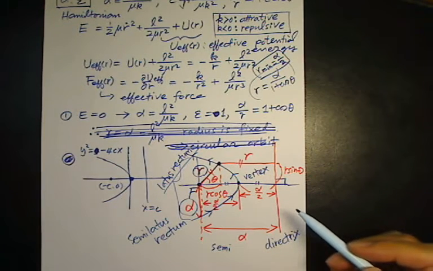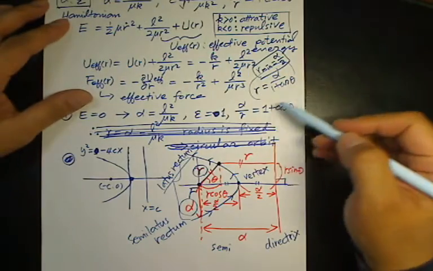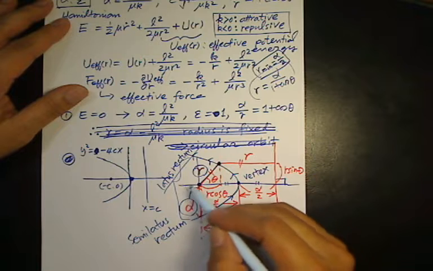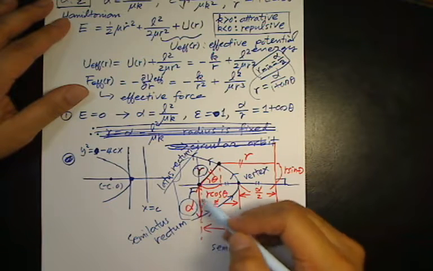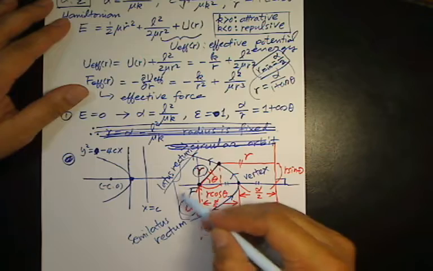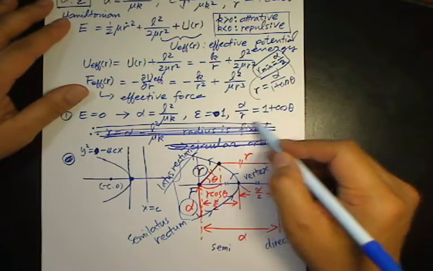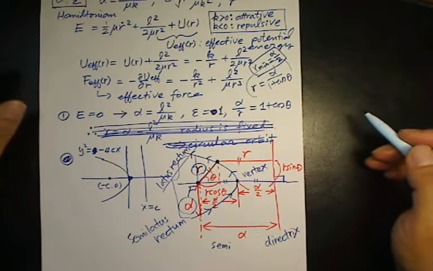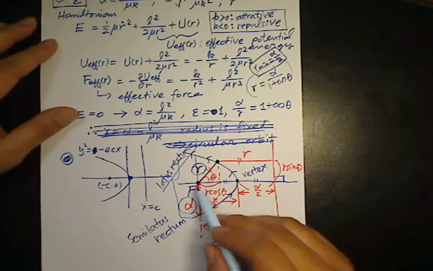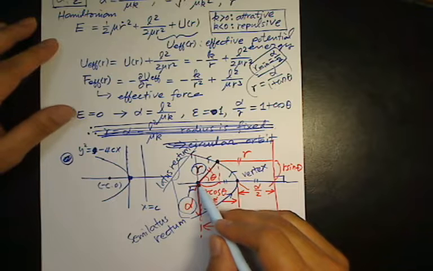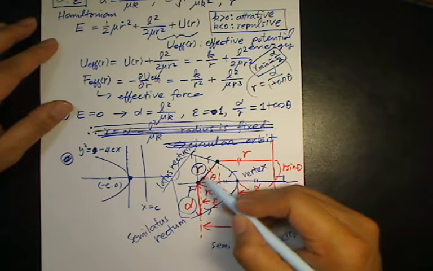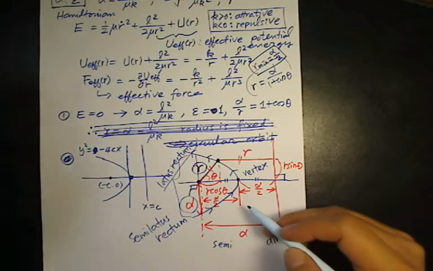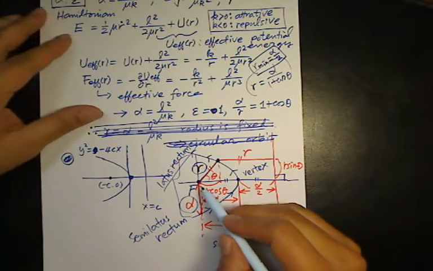But in our case, the conic section formula is formulated when the focus is placed at the origin. That's quite important. Focus is placed at the origin when we write down this conic section formula. All right. So the focus is fixed, and r is the relative distance between the two interacting particles.